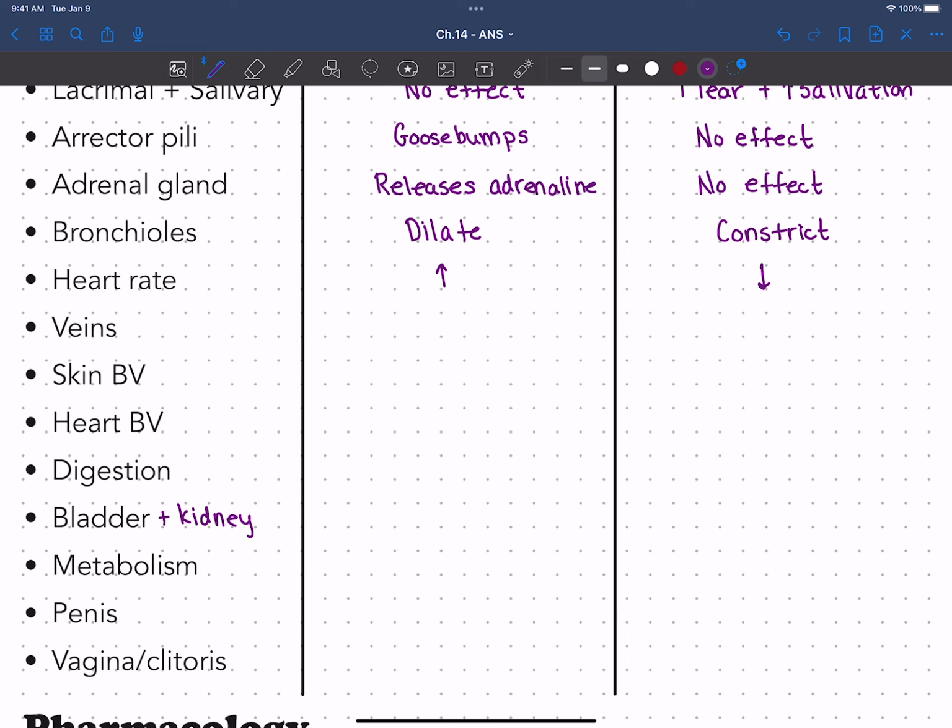And then veins, so the blood vessels carrying blood back to the heart are dual innervated. So this is referring to their diameter, right? Are they constricted or dilated? And so the parasympathetic nervous system will cause veins to dilate.